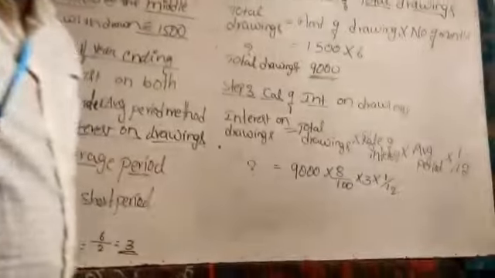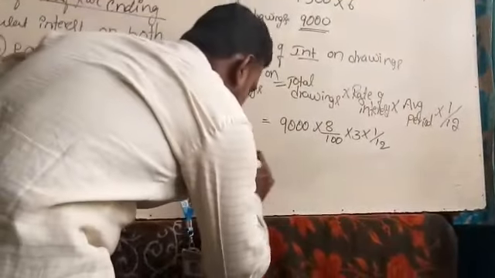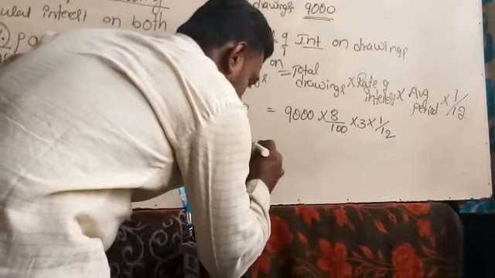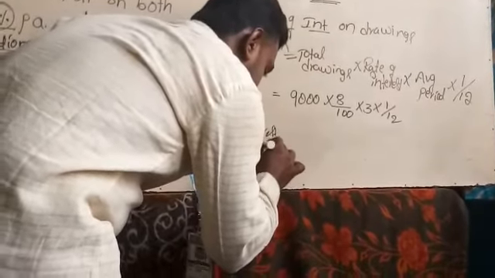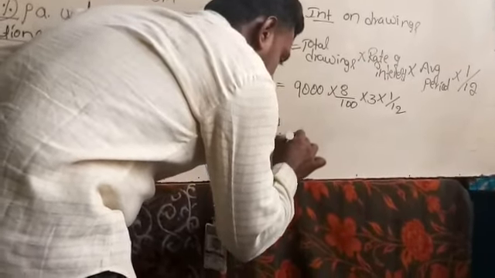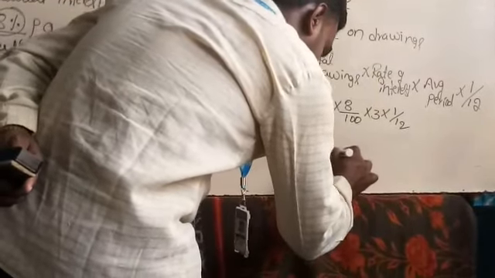So 1 by 12 is the common value. Therefore interest on drawings is equal to, we have to simplify this one. We get the answer, rupees 180.